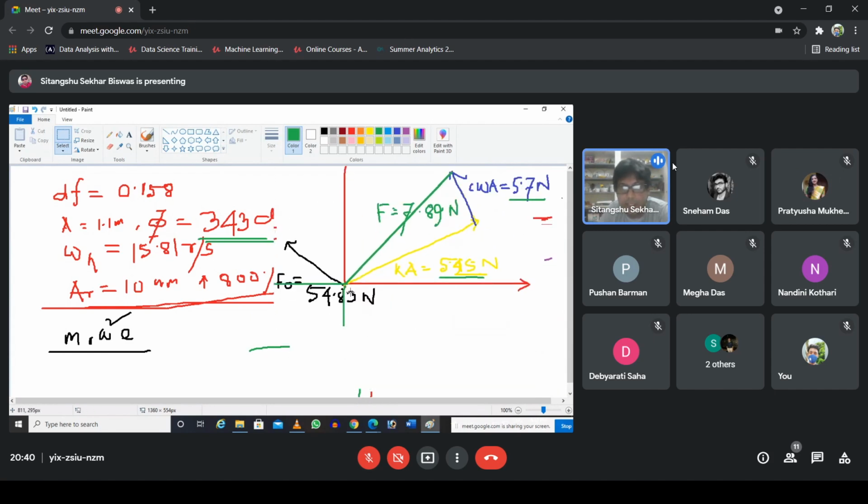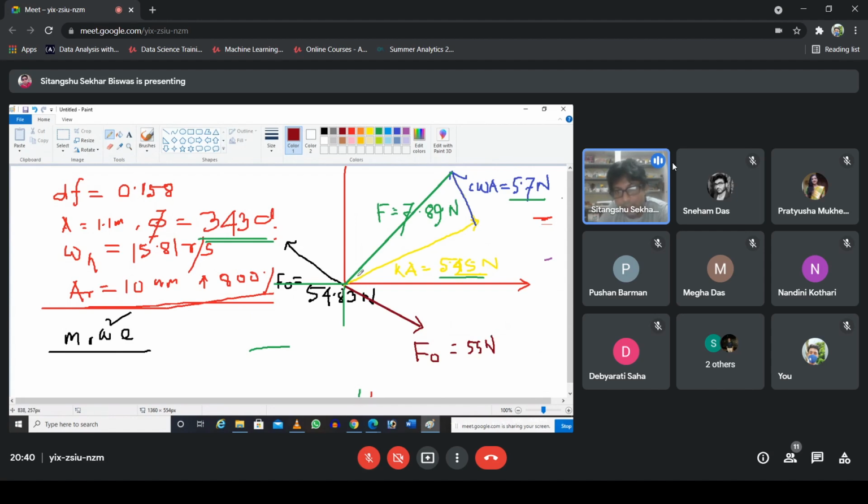It should look like this. So that is your F0, equal to about 55 Newton, and this angle is 343 degree.